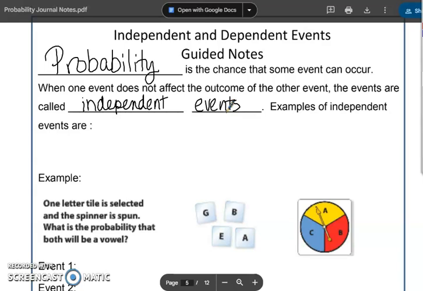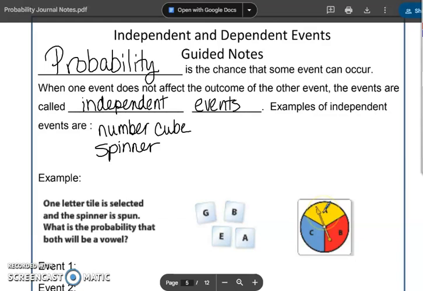That would be like if you're rolling a number cube. If I roll a 6, when I roll that number cube again, I have the same chance of rolling a 6 because that 6 does not disappear. Or if I have a spinner, you see a spinner shown below.